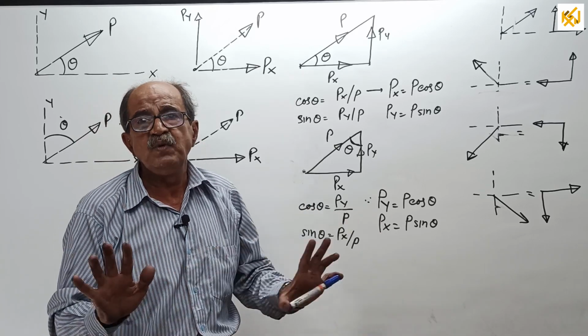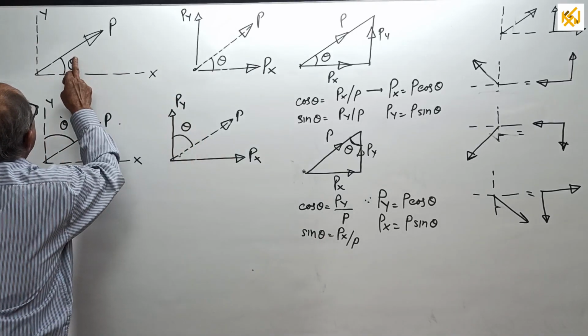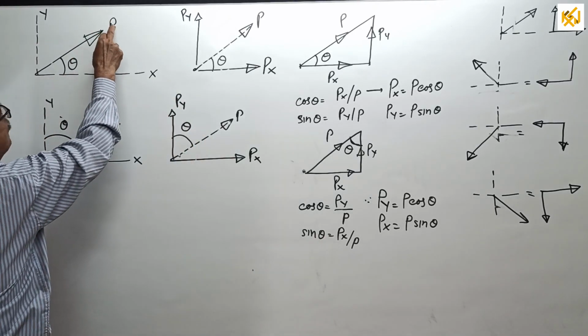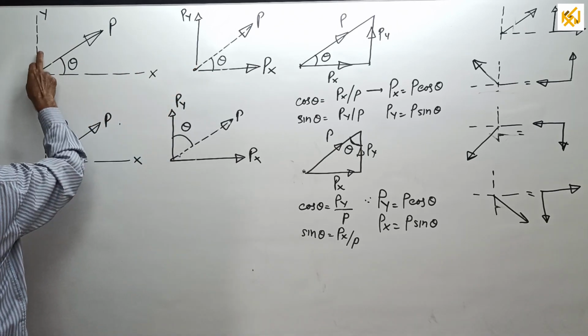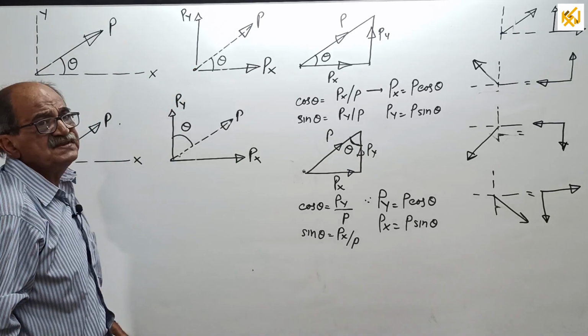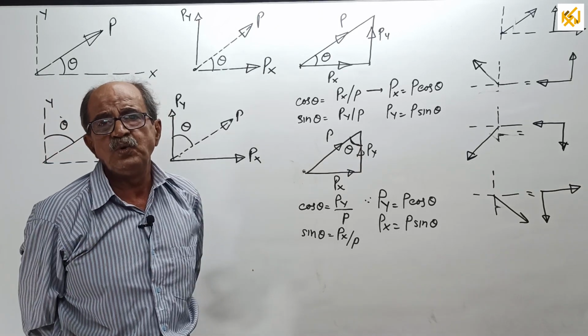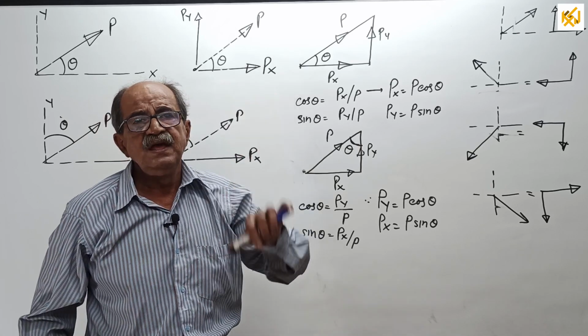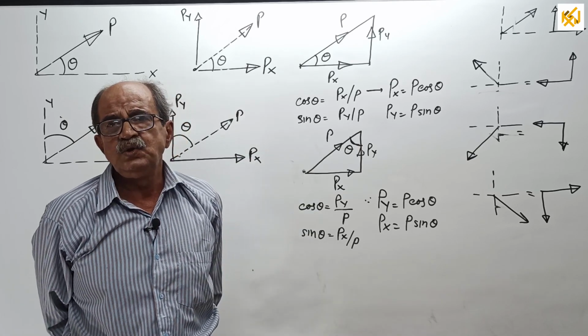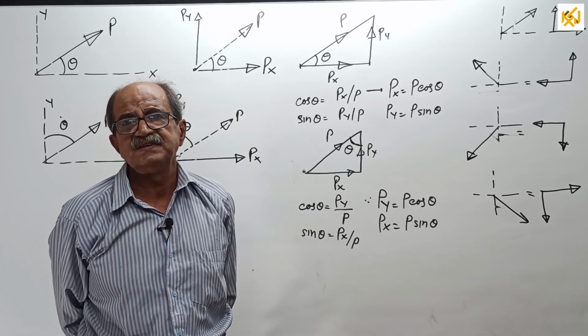I don't want to go hurried. So, if I want to resolve a force P into two components, one along x, one along y, important, x and y should be perpendicular to each other. The basic statement is what? I wrote in the beginning only: resolution of a force in two mutually perpendicular directions.